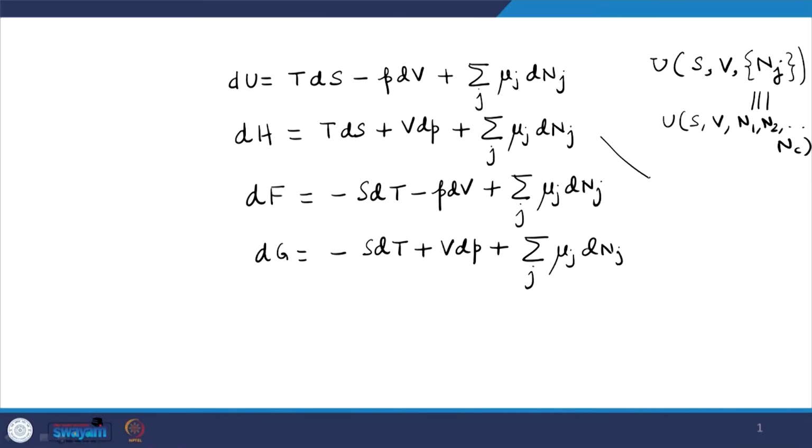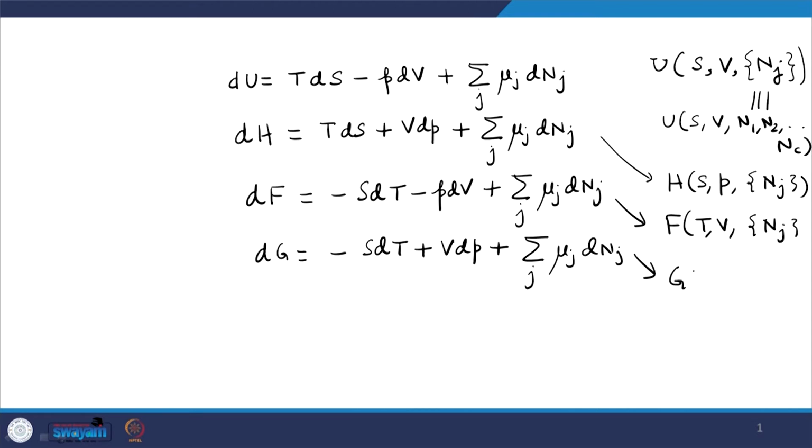Similarly, here what you will have is H as a function of S, P and Nj, here F as a function of T, V and Nj, and here G as a function of T, P and Nj.